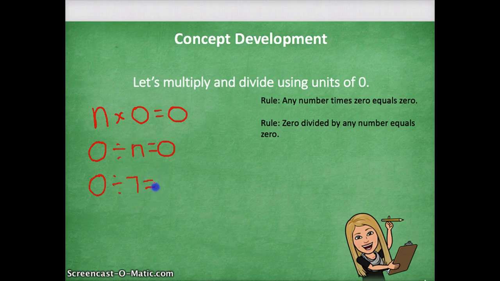Remember, we can put any number where the n is, equals 0. What does this equation represent? Right, 0 things divided by 7 groups equals 0. Draw a picture of the equation using circles to show the groups and dots to show the number in each group. How many dots did you draw in each group?